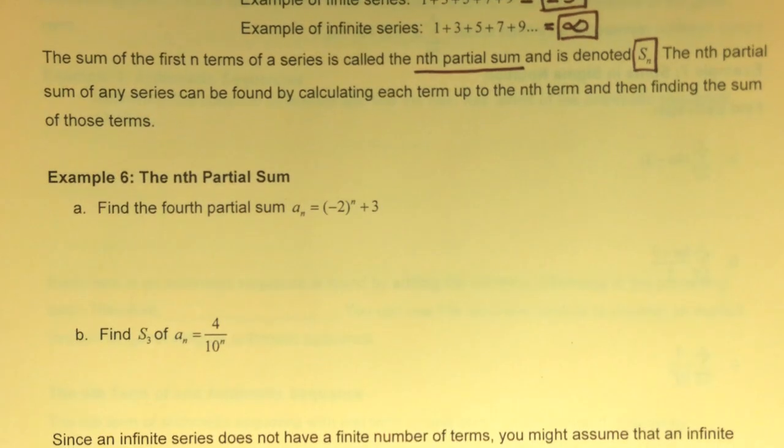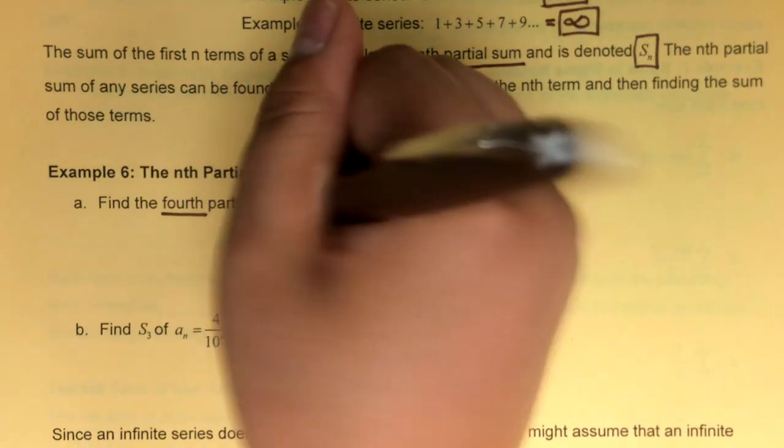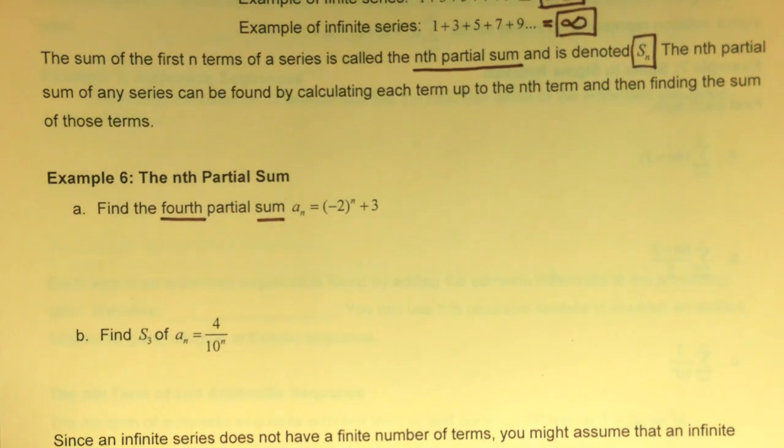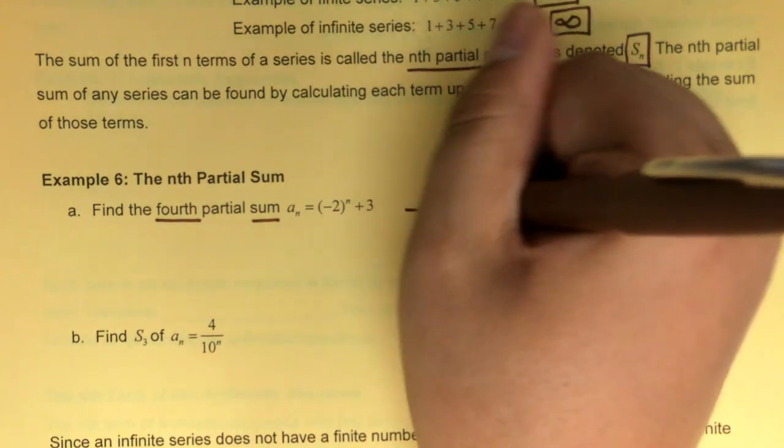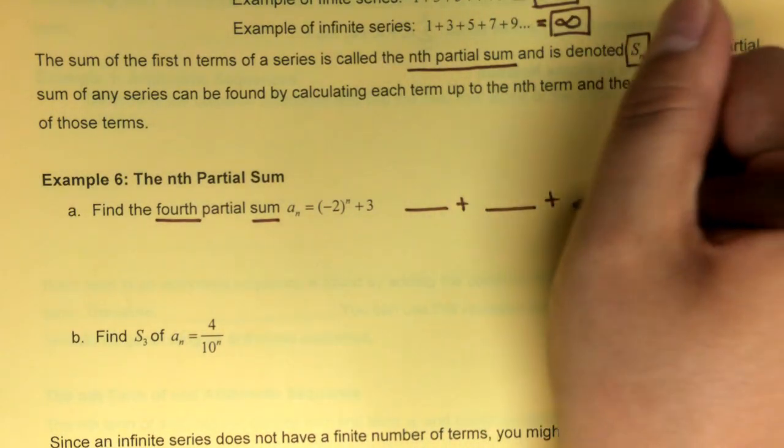So, example 6. How do we find the 4th partial sum? What am I going to do here? Literally add up the first 4 numbers.